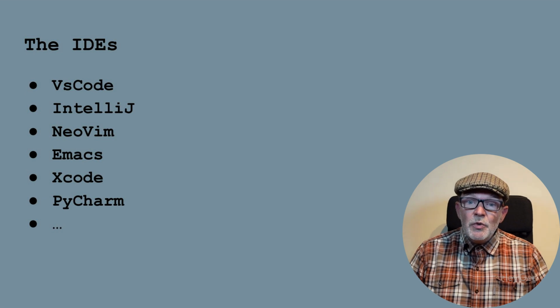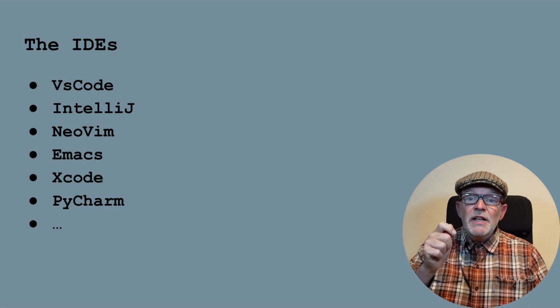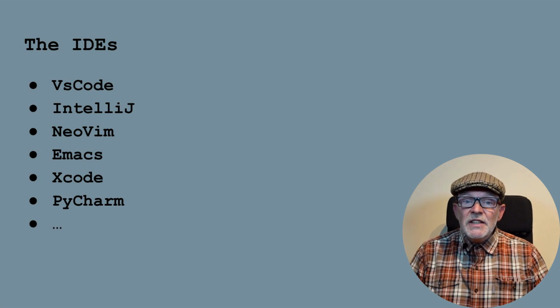There are probably more than 20 IDEs that we could list here. Some of it is probably personal preference. But in some cases, the IDE might have capabilities and functionality that makes it extra suitable for a given task or a given language. I would suggest that you start with the one that you have the most experience with and only switch to a different one if something is not working.